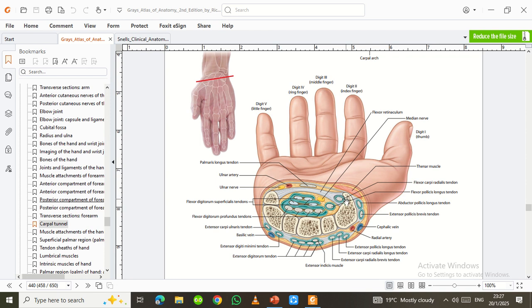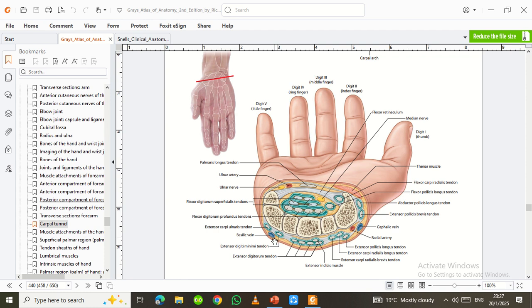Right. Let us get to the dorsal portion. This is going to be your extensor retinaculum. Your extensor retinaculum is going to have structures that are superficial and structures that are deep. So let's start with the structures that are superficial.